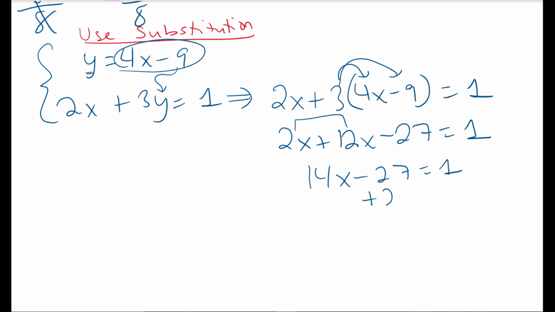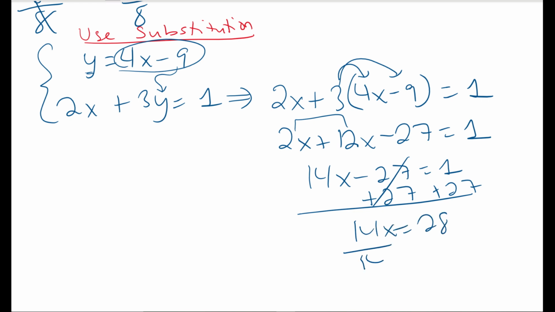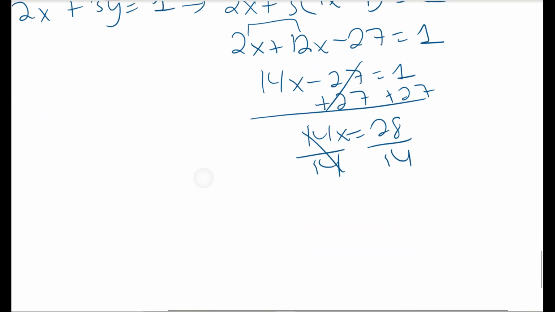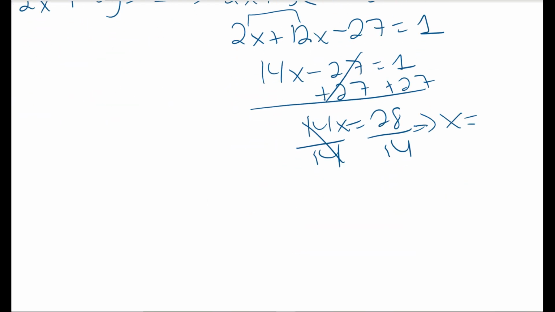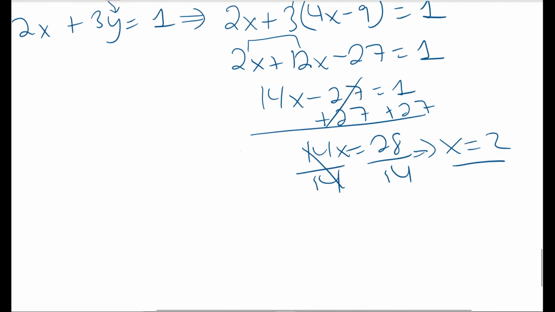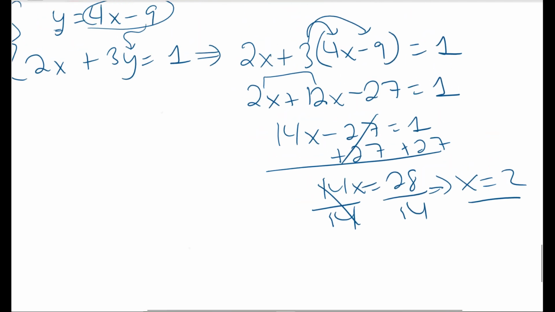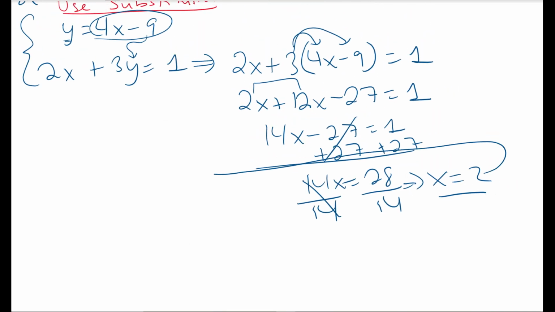Now we'll solve this by adding 27 on both sides and then dividing by 14. And so x is equal to 2. All right, so then once you get that, you plug it into any one of the equations. We're going to plug it into this one because it's easy.